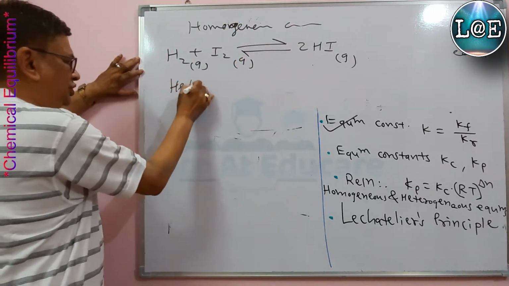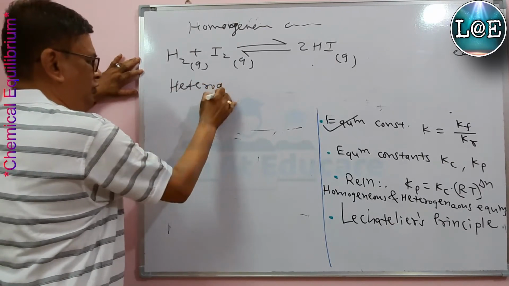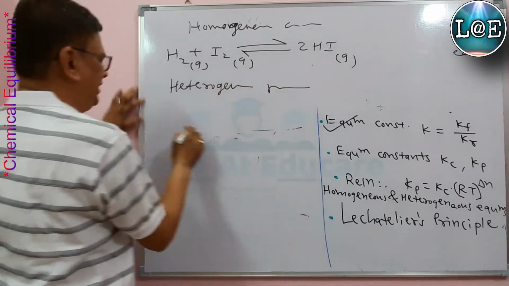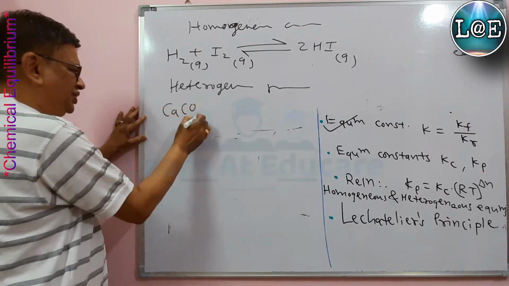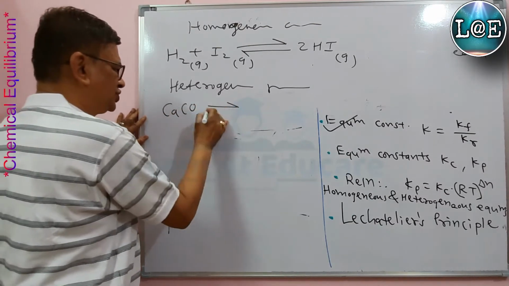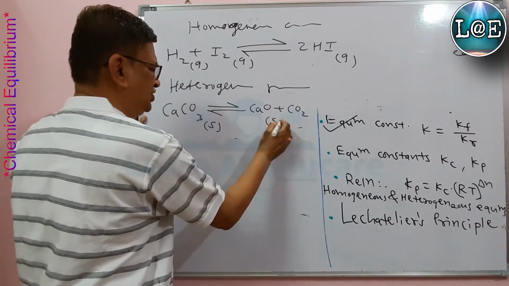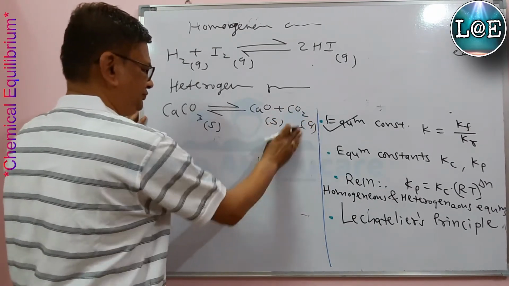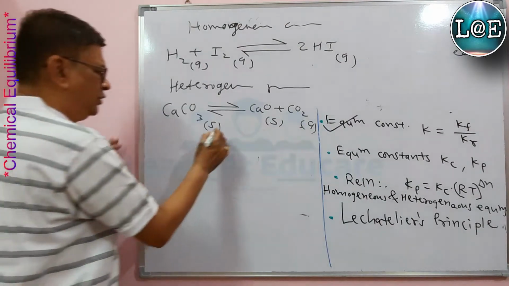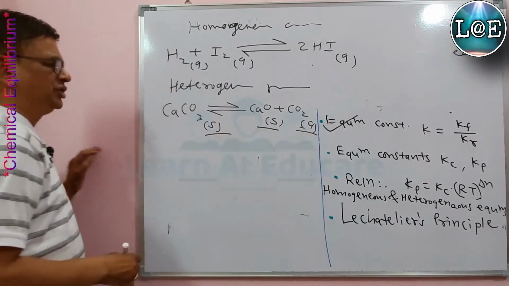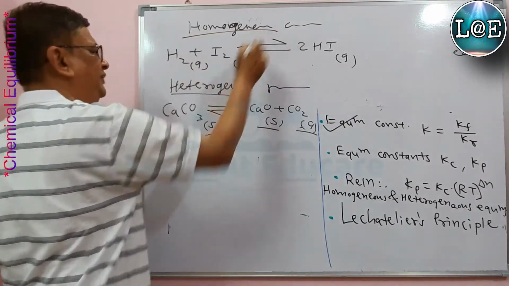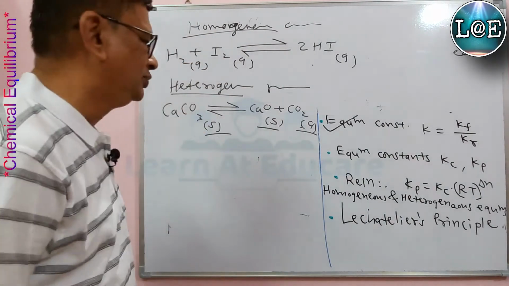Similarly, for a heterogeneous reversible reaction, for example, calcium carbonate solid gives reversibly CaO solid and CO2 gaseous. Can you see? Now there is a solid and gaseous combination. So this is an example of heterogeneous, and the previous was an example of homogeneous.